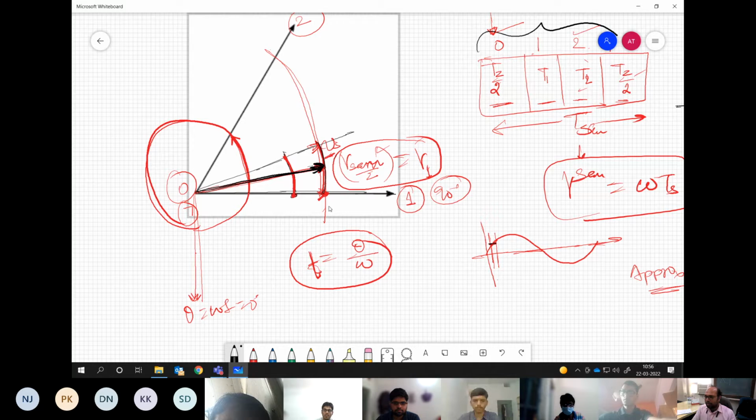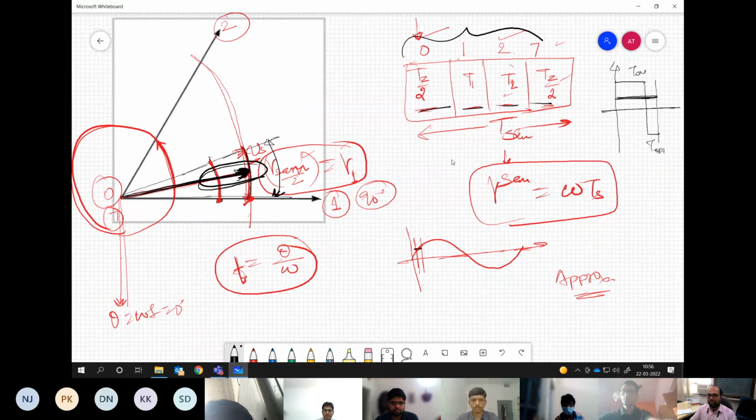Correct? Which means while this vector is rotating from here to here, when we are applying these vectors for these durations, effectively we are balancing, or we are kind of realizing, what should have been in the middle of the sample, or in the middle of this complete duration, isn't it? Correlate with this.